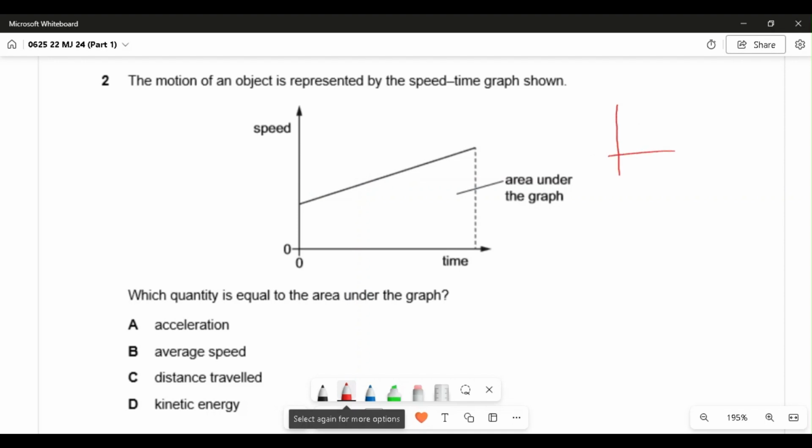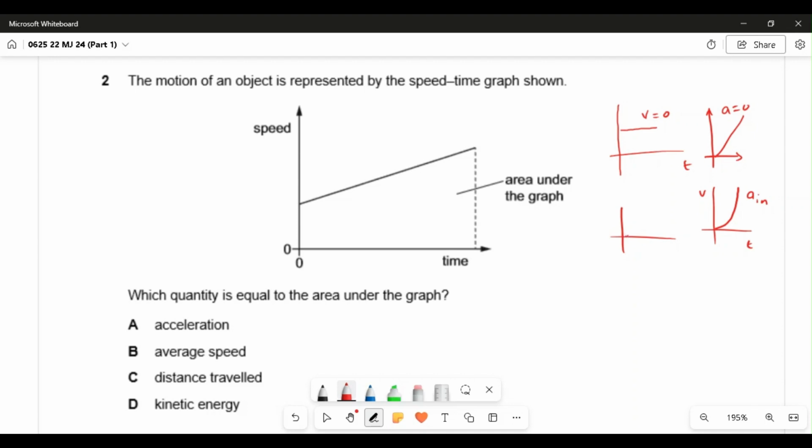For example, this graph shows no speed, speed is zero. This graph, if it is like this, has a constant rate, speed is increasing, acceleration is constant. This one, acceleration is increasing. This last one, if it is like this, it is accelerating but the acceleration is decreasing with the rate.